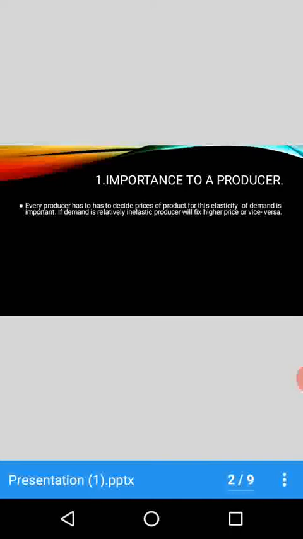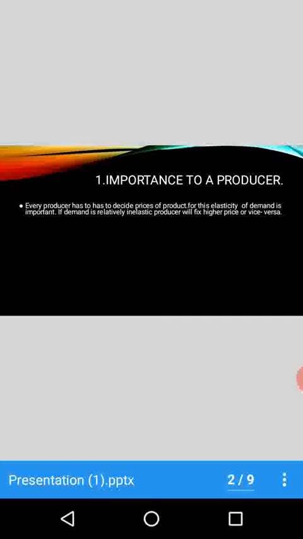So if Mr. M is the producer in the market of a particular commodity, he has in his unit or plant a particular production of that commodity, and the demand for his product is relatively inelastic.